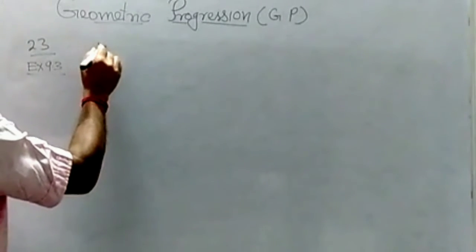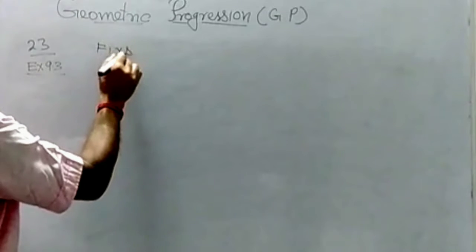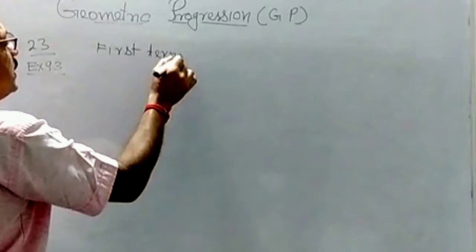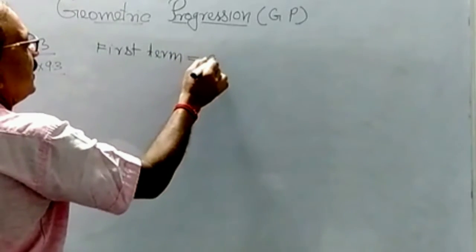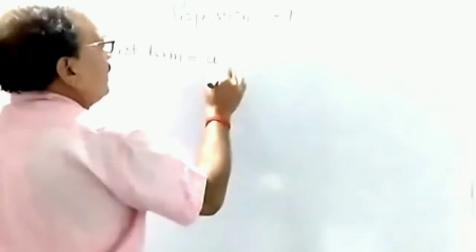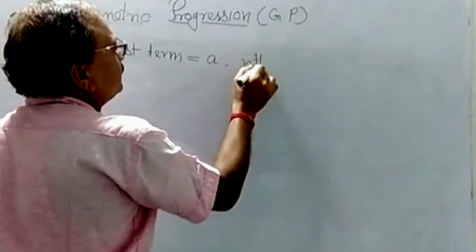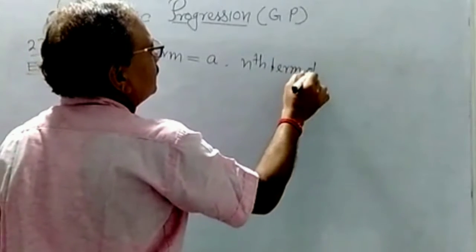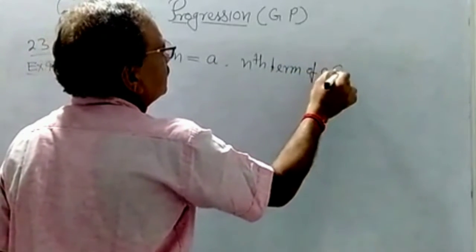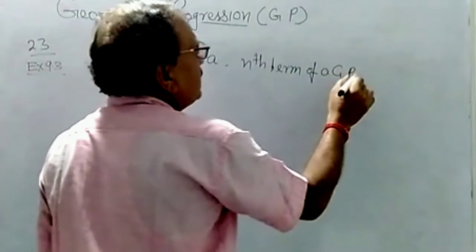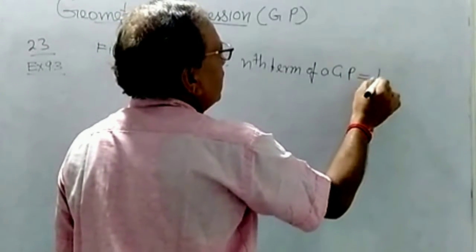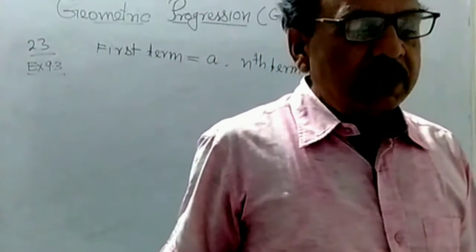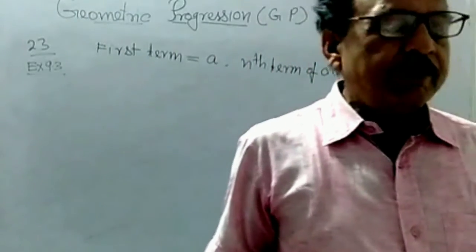The first term is given A and the nth term of a GP is given B.